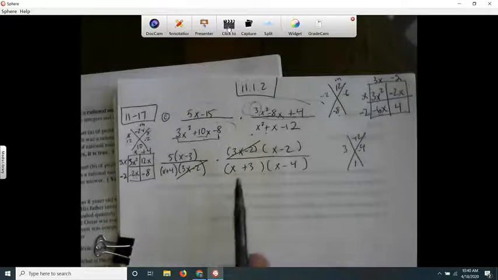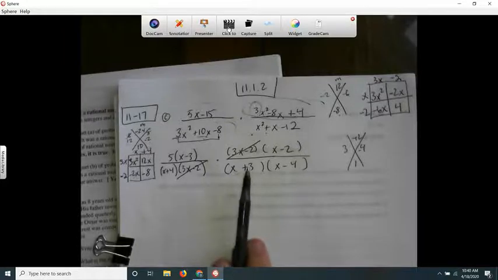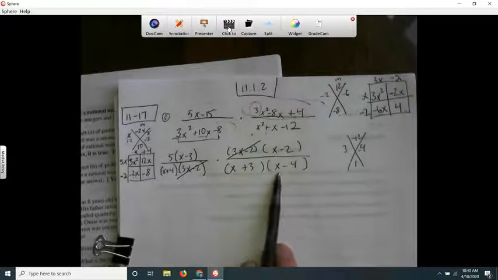These are almost identical. I wonder if this was supposed to be an x minus 3. Where did this come from?